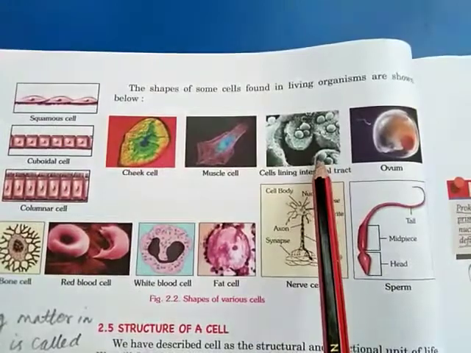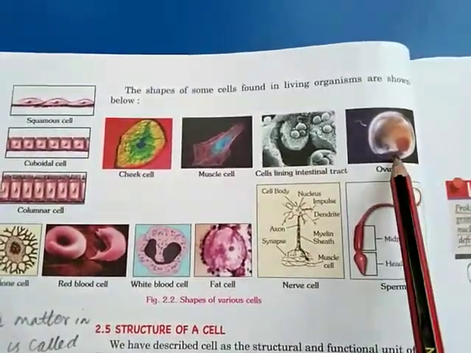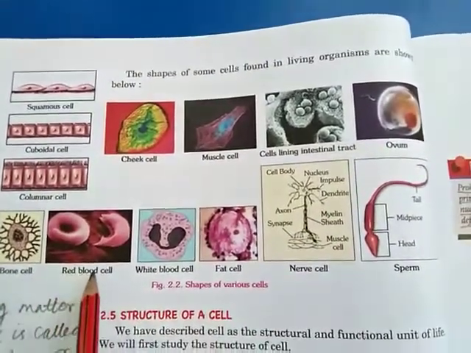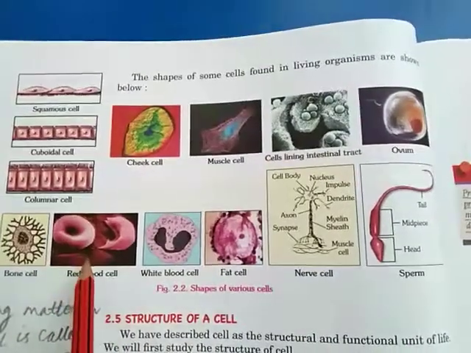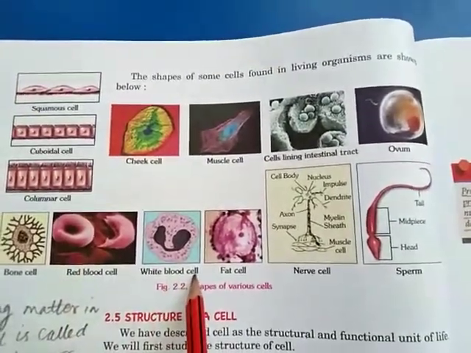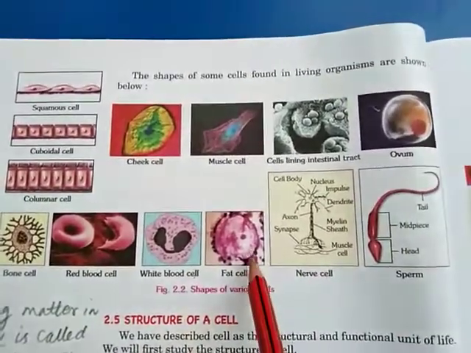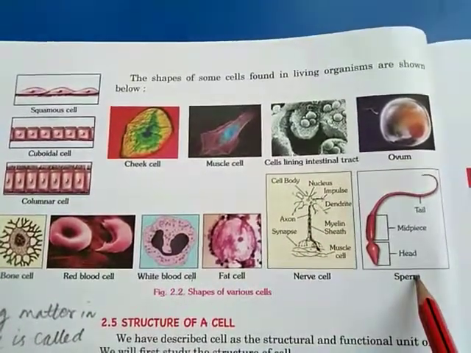These are the shapes of cells present in our intestine. This is ovum. These are bone cells. These are the shapes of red blood cells; you can see it is oval or disc shaped. This is a white blood cell; it is like amoeba shaped. Then this is a fat cell, this is the nerve cell, and this is sperm.